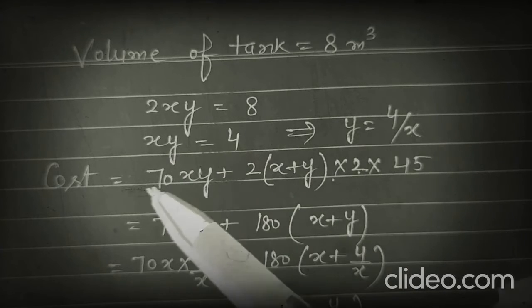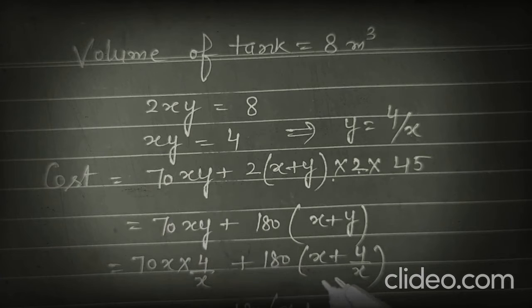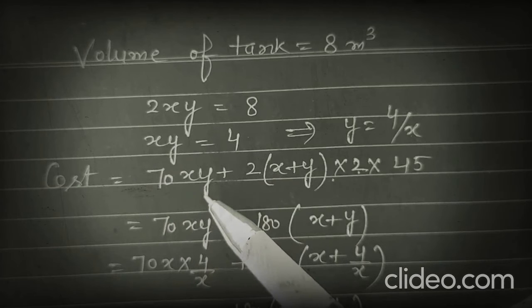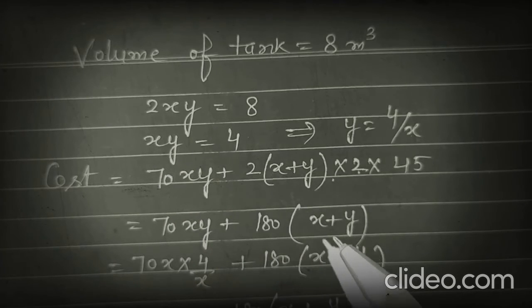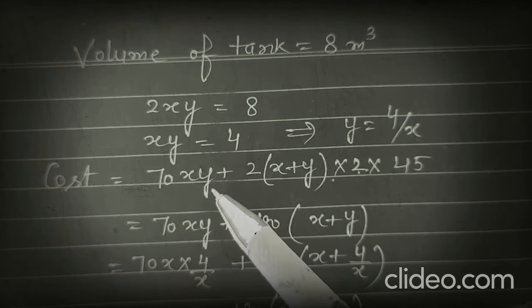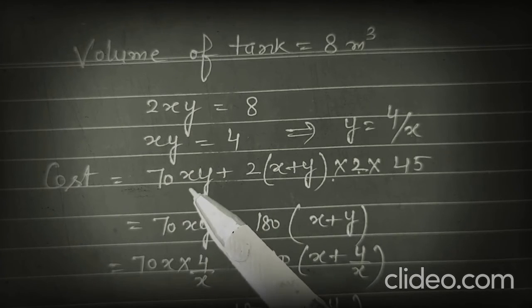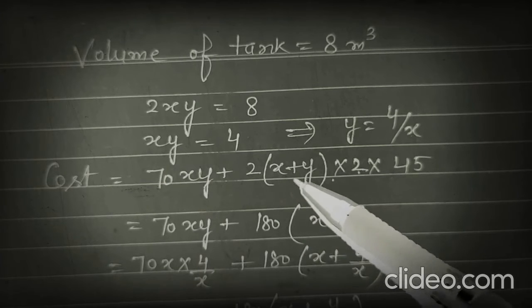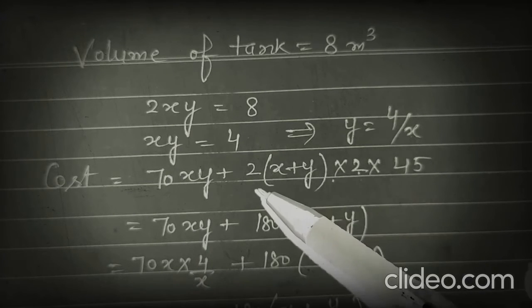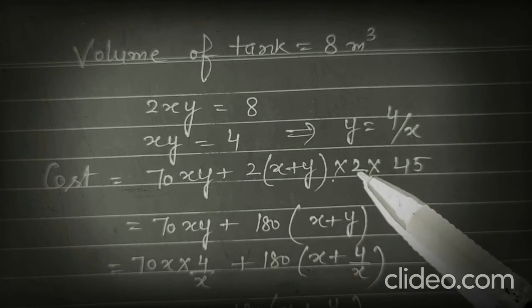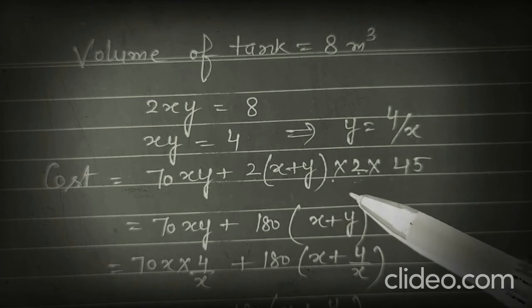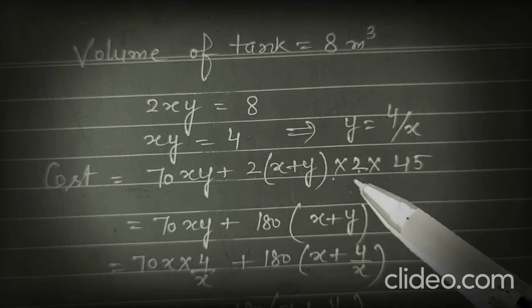Now the cost is 70 rupees per square meter for the base. The base is length into breadth, so the base area is xy, and the cost of construction of the base is 70xy. The area of the 4 walls is 2 into (x plus y) into height, so 2(x plus y) into 2.